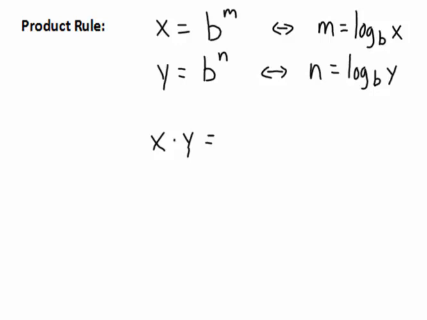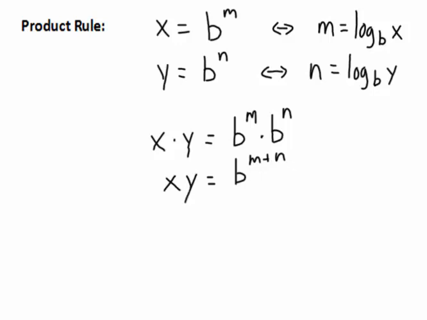And x times y is really just the same as b to the m multiplied by b to the n, just using our exponential form. Well, we know our rules for exponents. We would add these exponents together, and x times y is just xy.